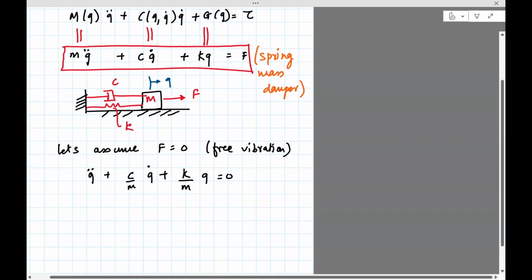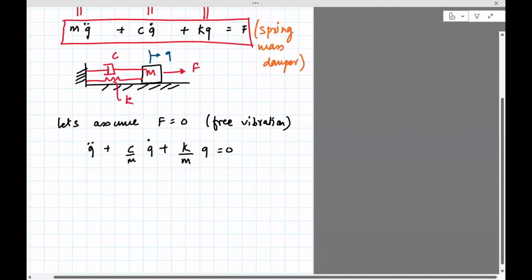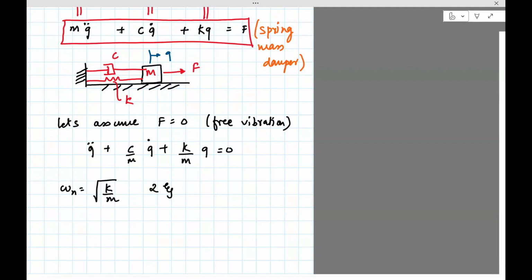So when people look at this equation, you don't really need three parameters, mass, K, and C, to define it. You can define it with just two numbers. One of those numbers is called the natural frequency, which is the square root of K divided by M. And the second term which people use is the damping constant. Forget what that symbol is called. Does anybody know what that Greek symbol is?